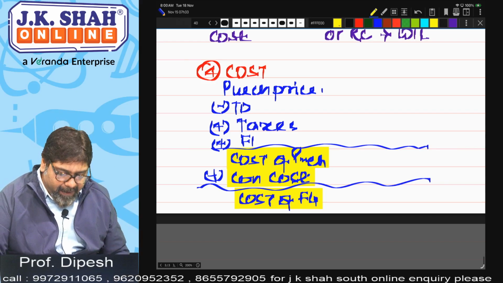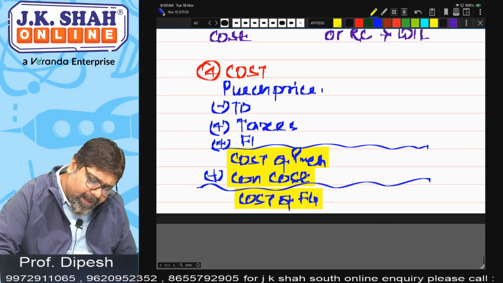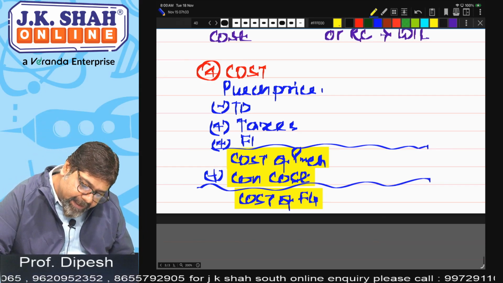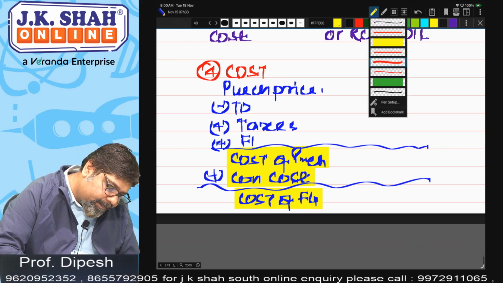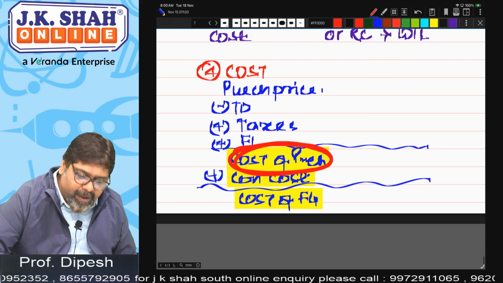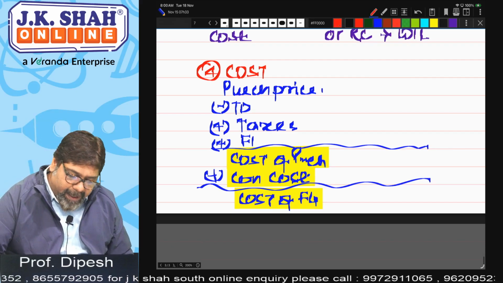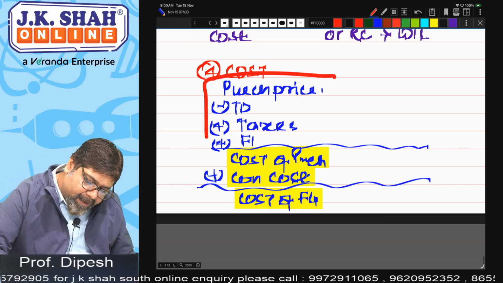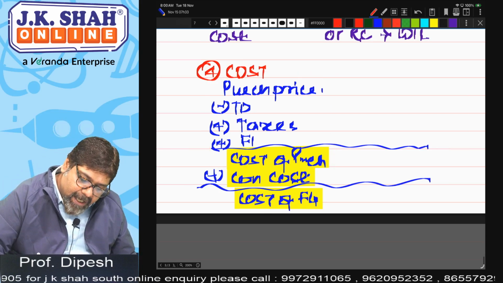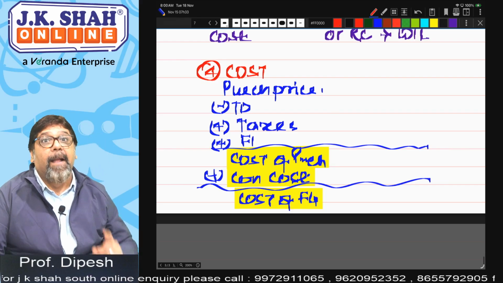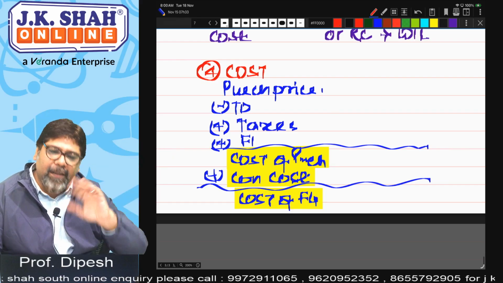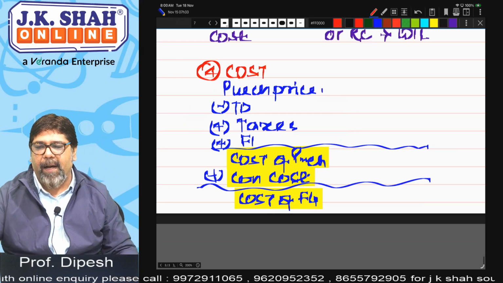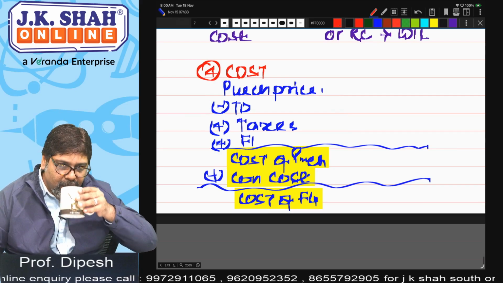But if I am a trader, then this is only cost of finished goods, because I don't incur conversion cost. If I am a manufacturer, I will purchase raw material, convert, get finished goods. But if I am a trader, I will purchase goods. How to calculate purchase of goods? Like this only. Am I clear? Yes, no?